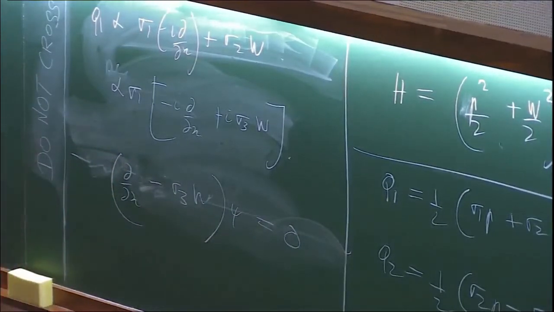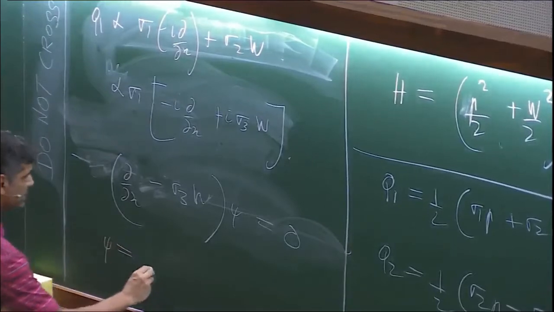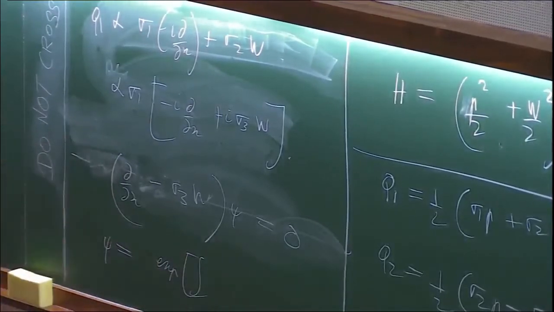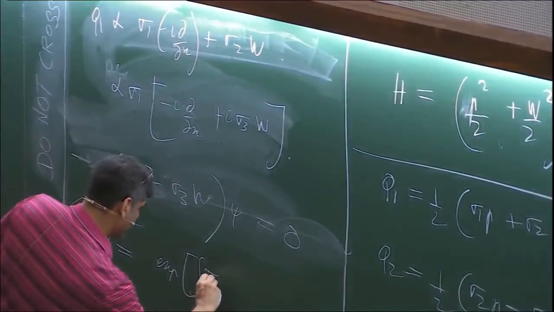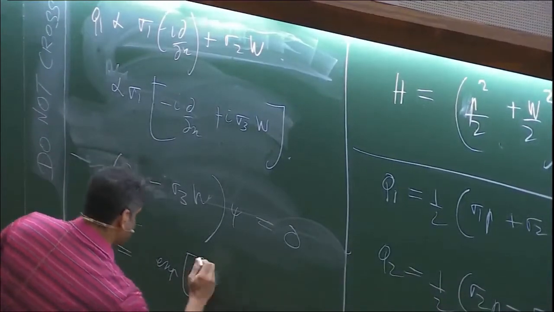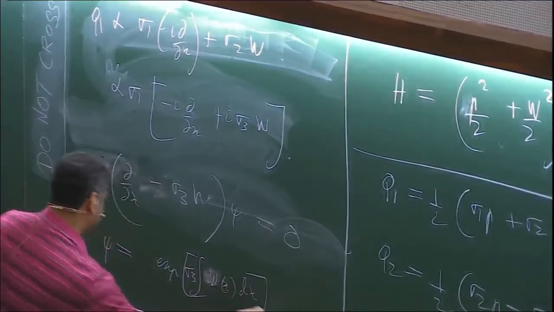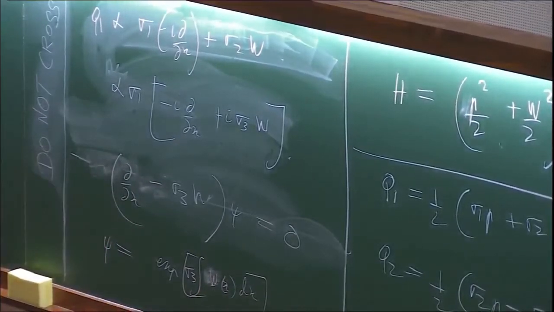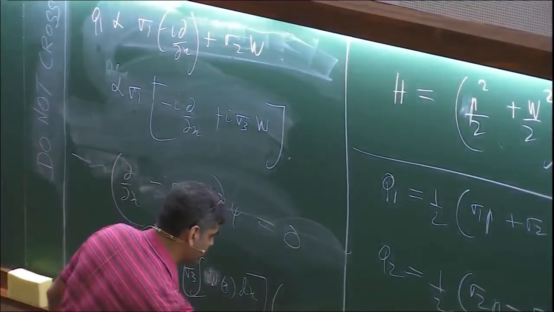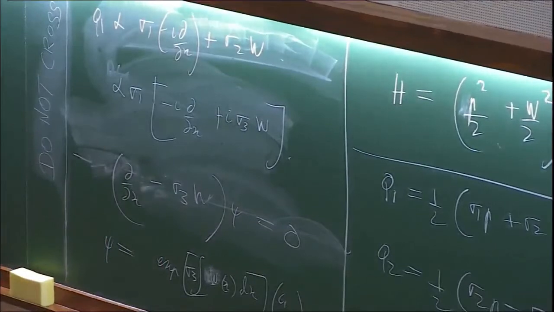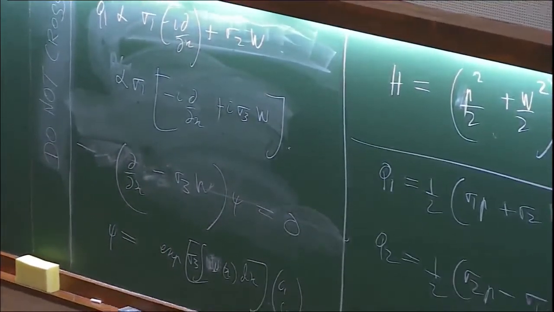And that tells you that psi is equal to the exponential of the integral of sigma 3 W of x dx, acting on any column C1, C2, where C1 and C2 are just constant numbers. Is this clear?